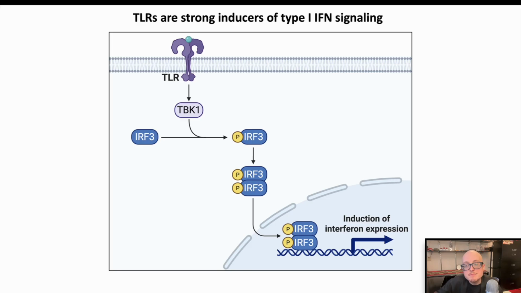And you may remember that a major transcriptional target of IRF3 is in fact interferon beta, one of the type 1 interferon cytokines, although there are other interferon-stimulated genes that are controlled by the IRF3 transcription factor as well. So I want to stress that this is not something that's happening instead of NF-κB activation. So this slide and the one before it, these are things that are happening in parallel.